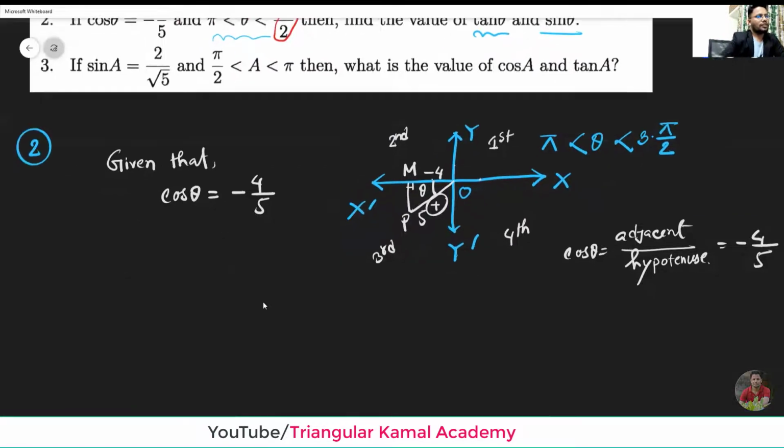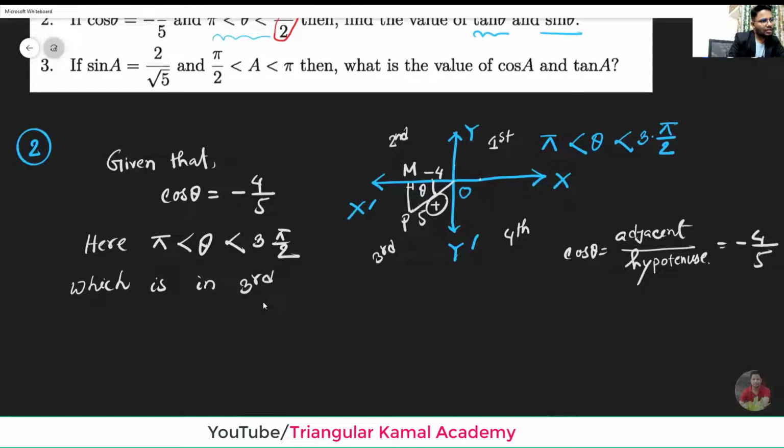So now from here, we can write theta is smaller than 3 times pi by 2 and is greater than pi, which is in the third quadrant.